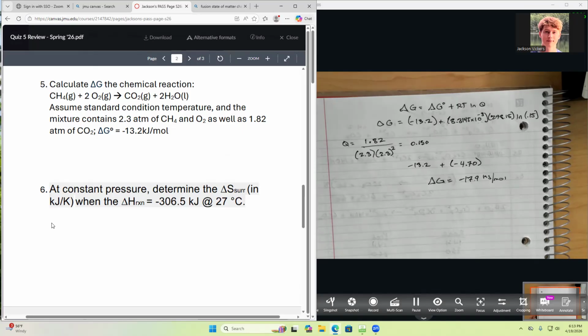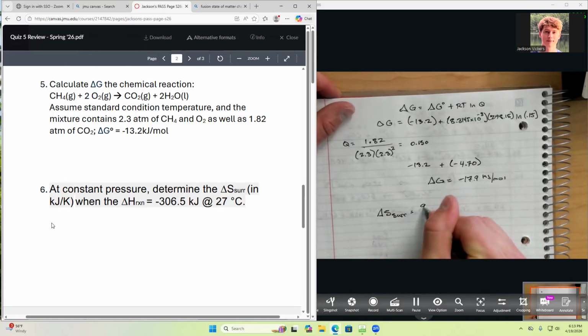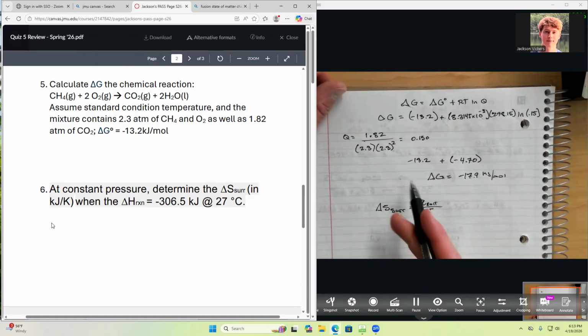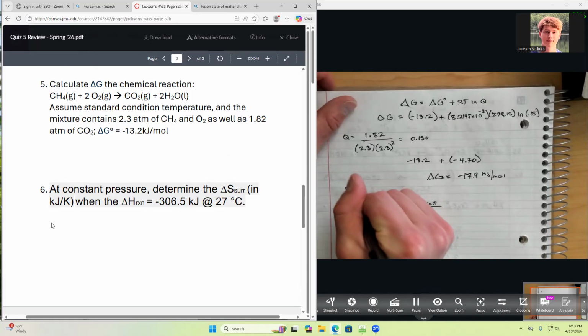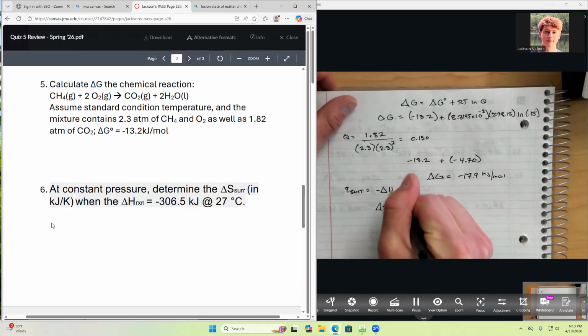So this is another formula that I'm not as certain if you're given, but the delta S of the surroundings is Q of the surroundings over T. And at constant pressure, Q of the surroundings equals the negative delta H of the system.